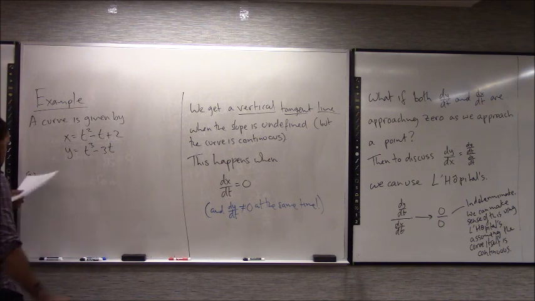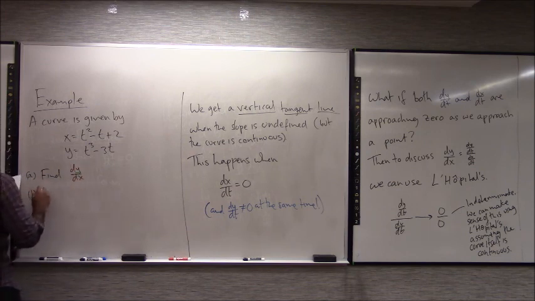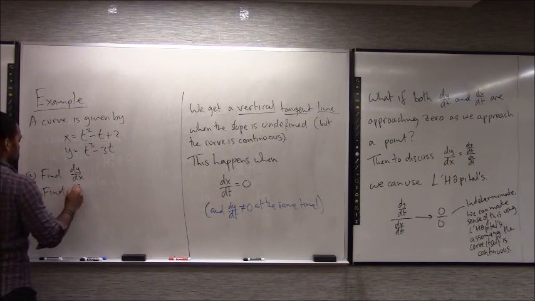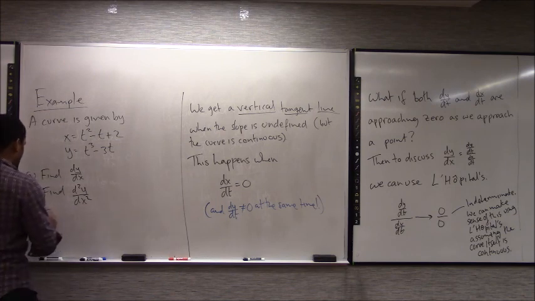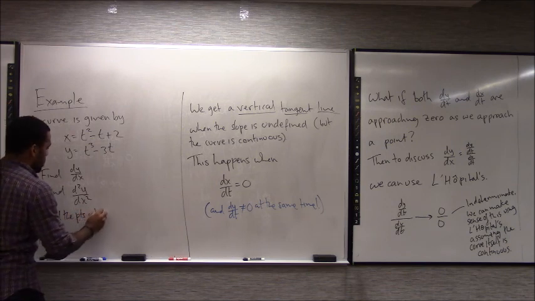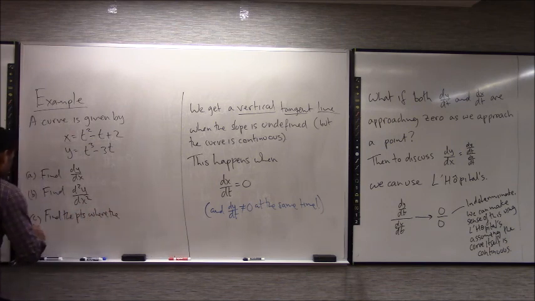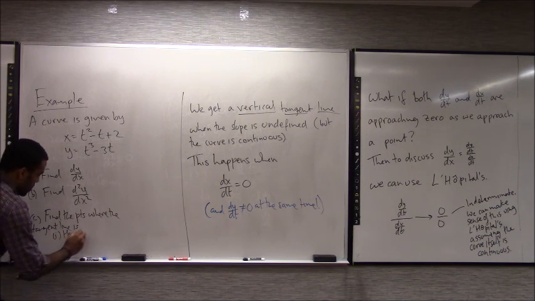A. Find the first derivative. Find dy/dx for this curve. B. Find the second derivative for this curve. C. Find the points where the tangent line is 1, horizontal, 2, vertical.